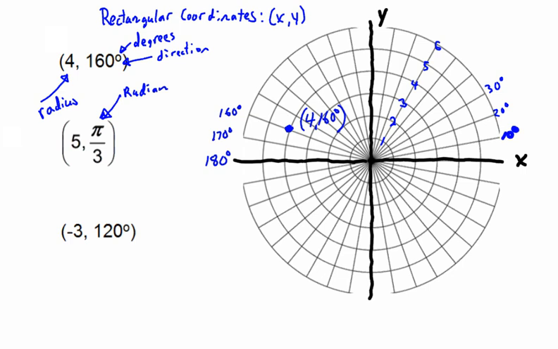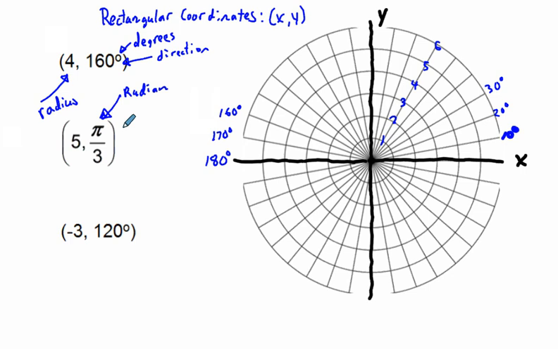Next, I'm going to leave those there. What I'm going to do instead is we have a radian measure. So in radian measure, we have pi over 3.